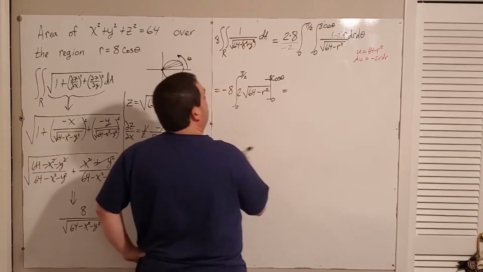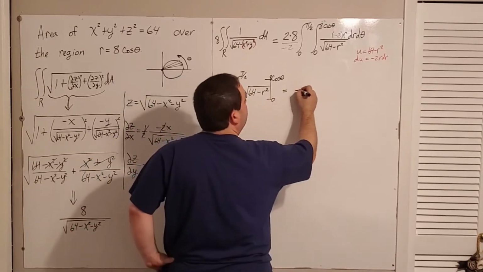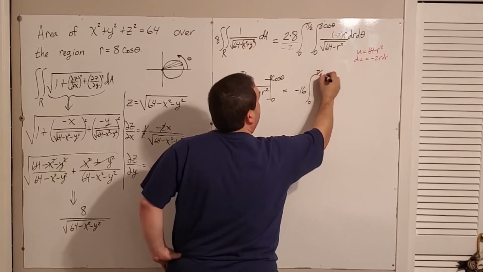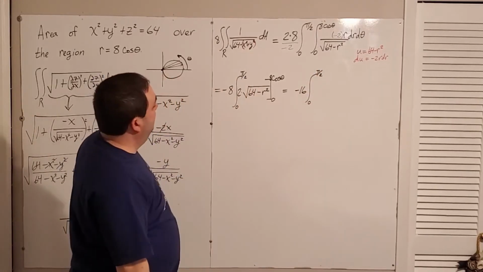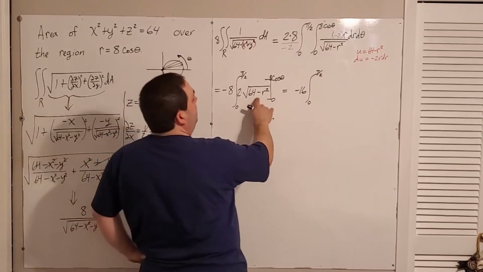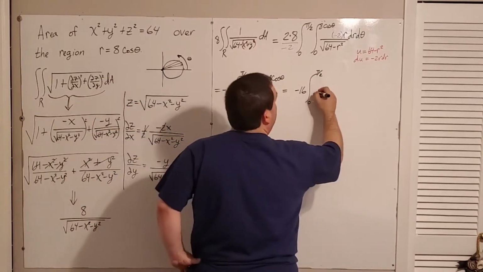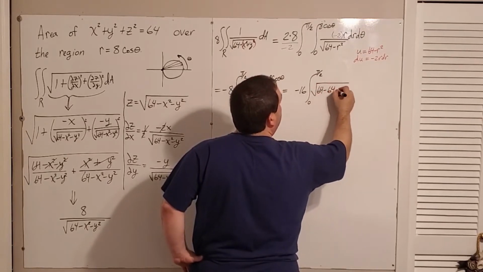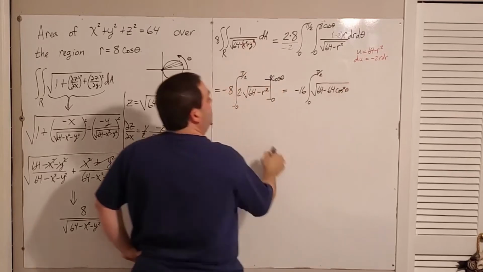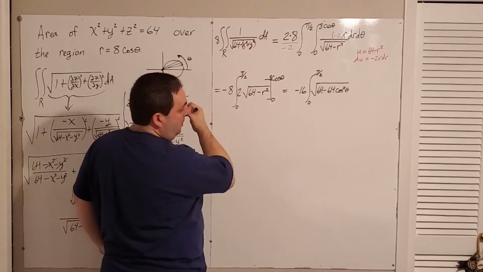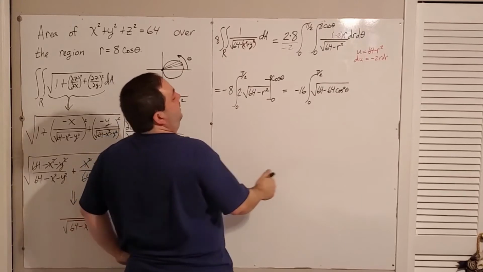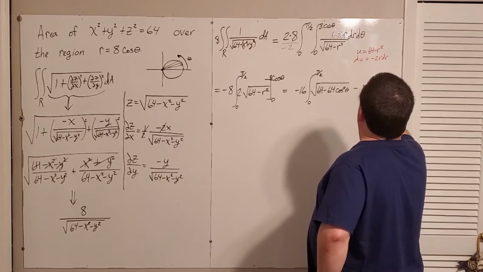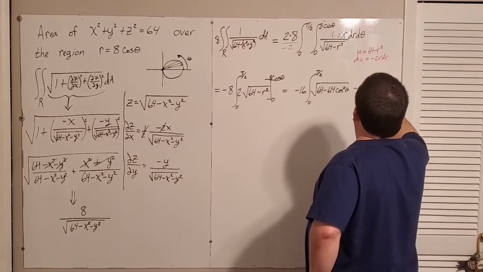All right, so I have a negative 16. Still have my integral from 0 to pi over 2. And then I'm plugging in my values here. So I'm getting square root of 64 minus 64 cosine squared when I plug 8 cosine theta into r squared. And then when I plug 0 in, I'm getting square root of 64. So that's just going to be minus the 8 d theta.